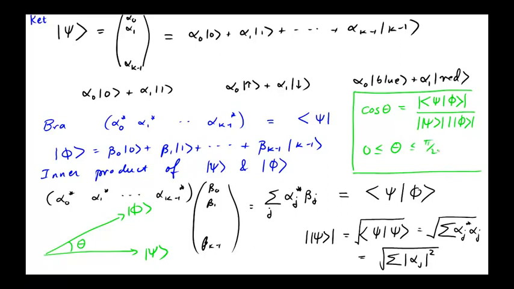The reason we want to do this is that if we were working with just real vectors, we might have this situation, or it could be that we had minus psi. If we had minus psi, the inner product would be the negative of what it was here, and the angle becomes pi over 2 plus theta.